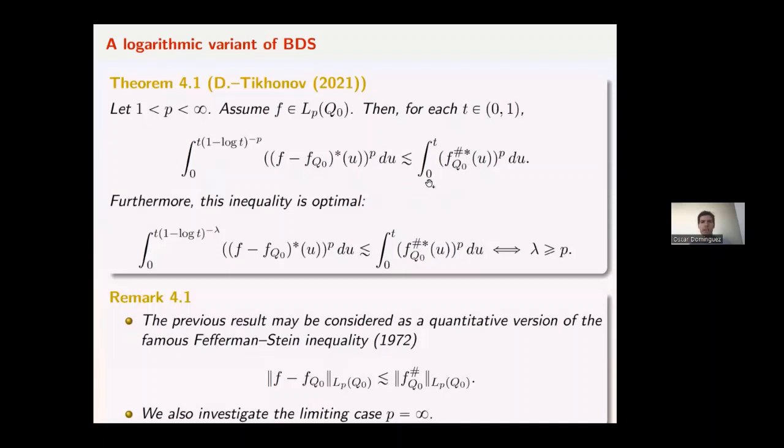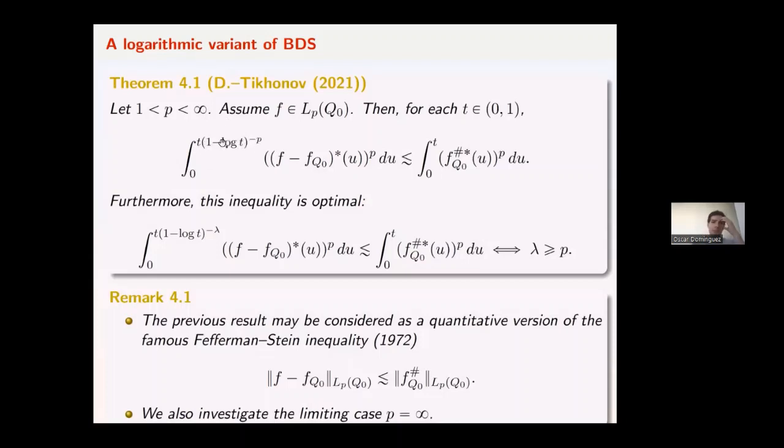But note that working with the left-hand side integral, you have a strange phenomenon. Instead of working with the integral from 0 to t, you have the log here. So you have a shift in the interval of integration, and you are dealing with a smaller interval than 0 to t.